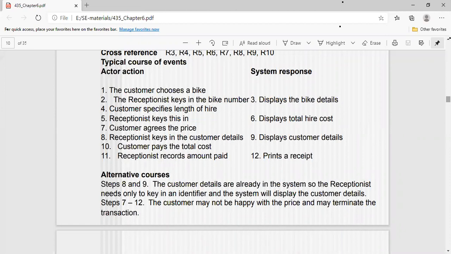So you should list out the overall activities of an actor and the overall activities of a system. If the customer is an existing customer, there is no need to go for the eighth and ninth steps. If the customer is not satisfied with the cost of that bike, he may choose another, and again he will go back to the first step, choosing another bike.